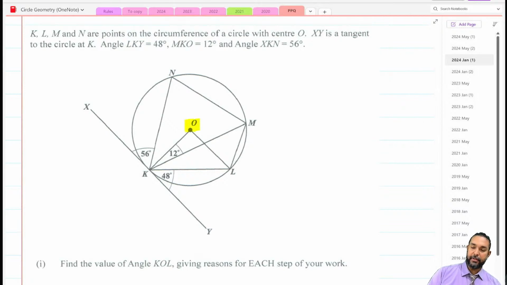What is O usually? Center. And any straight line coming from center to circumference, like OK and OL, are radii. Right?